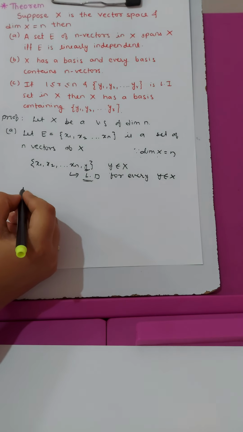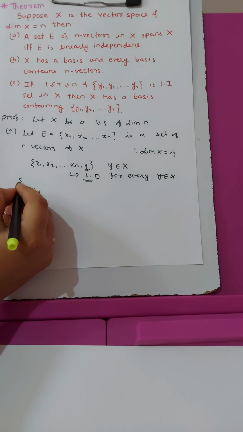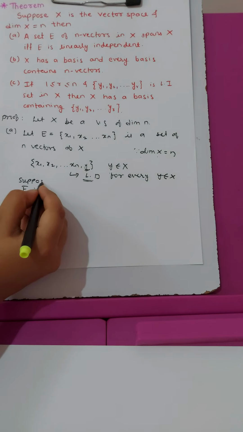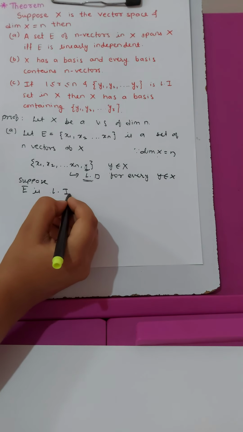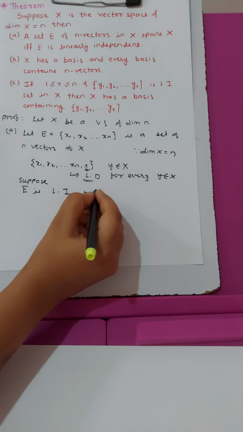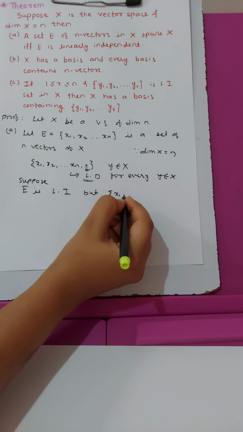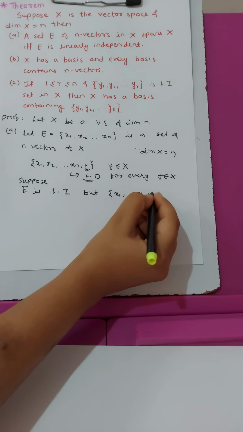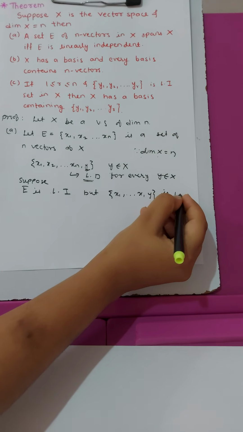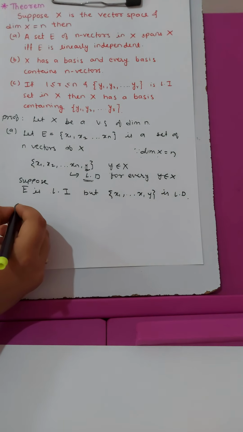Now suppose that E is linearly independent, but this set x1 up to xn, y is linearly dependent.